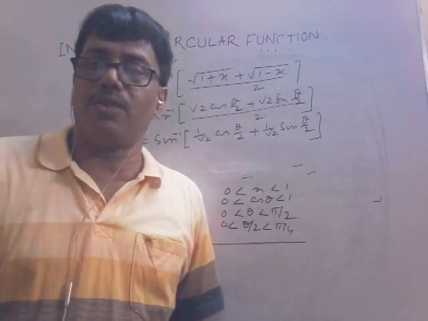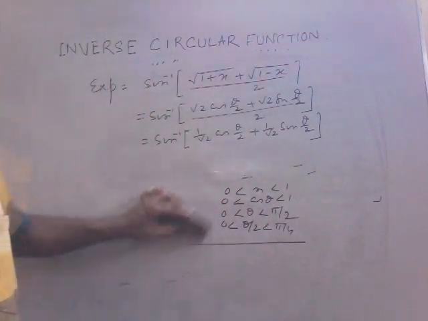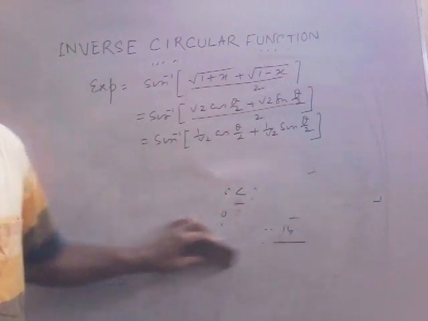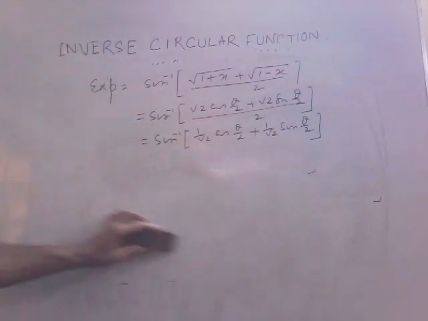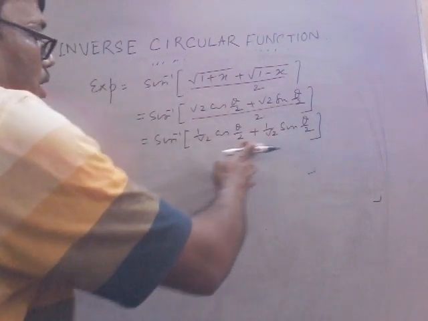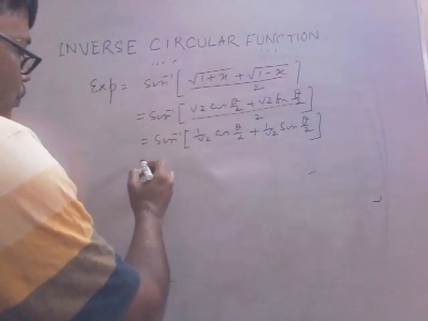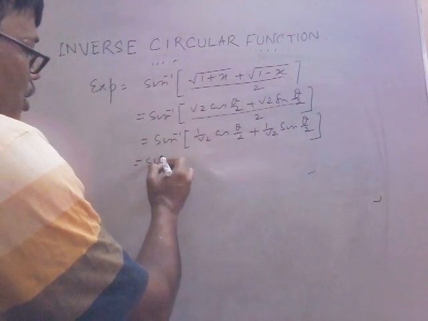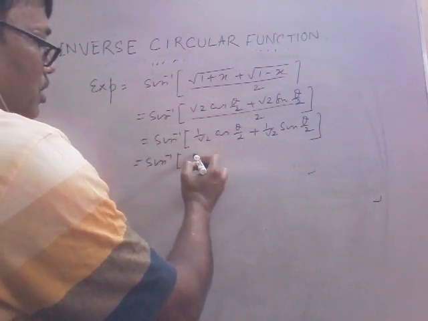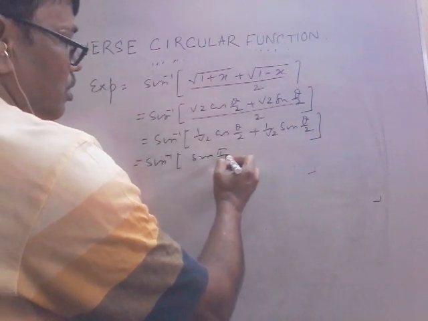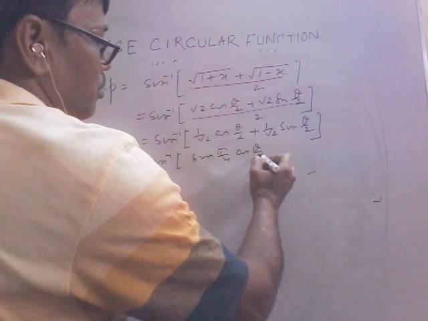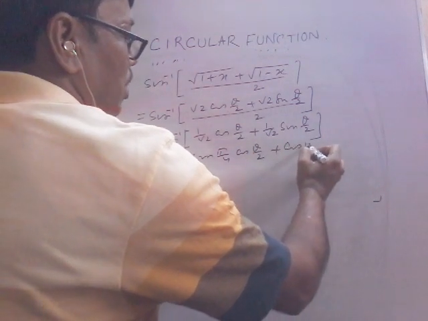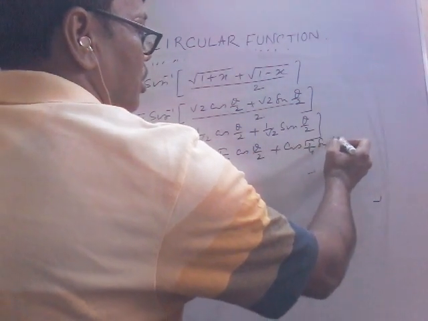Now what is our aim? Our aim is to express this argument in terms of sine. So use the formula: this is sine pi by 4 cos theta by 2 plus cos pi by 4 sine theta by 2.